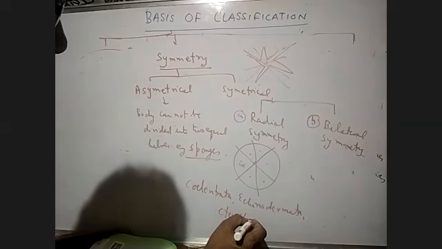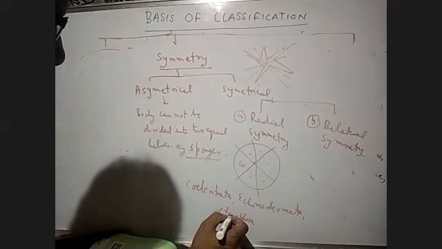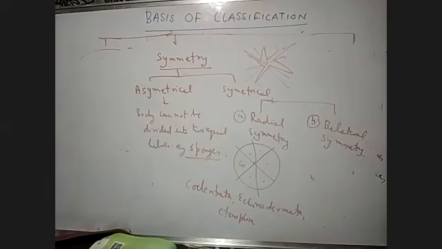They asked for the right name of the phylum of animals which has radial symmetry, and one of the options was Coelenterata. So Coelenterata is the correct answer because it shows radial symmetry. Hydra is a Coelenterata, and starfish is an Echinoderm.